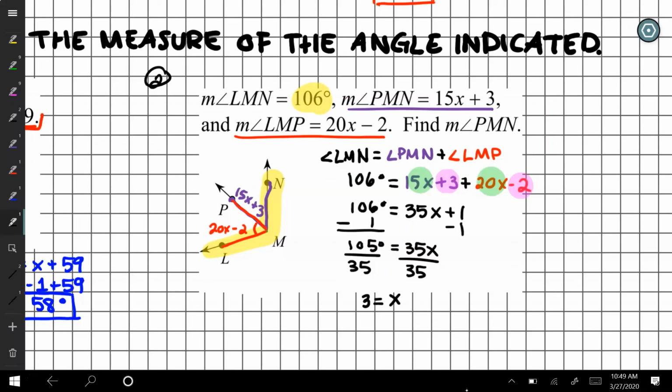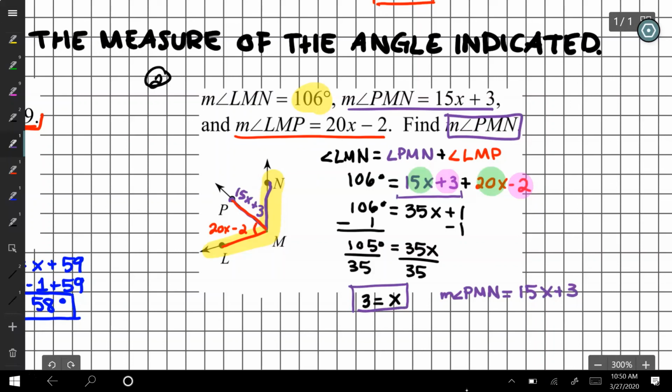We have to go back and look at our question and see what it's asking us to solve for. So it's asking us to find the measure of PMN. So we're going to take our expression for PMN right here. So measure of PMN is going to equal 15x plus 3, and we're going to go through and substitute the value of x that we solved for.